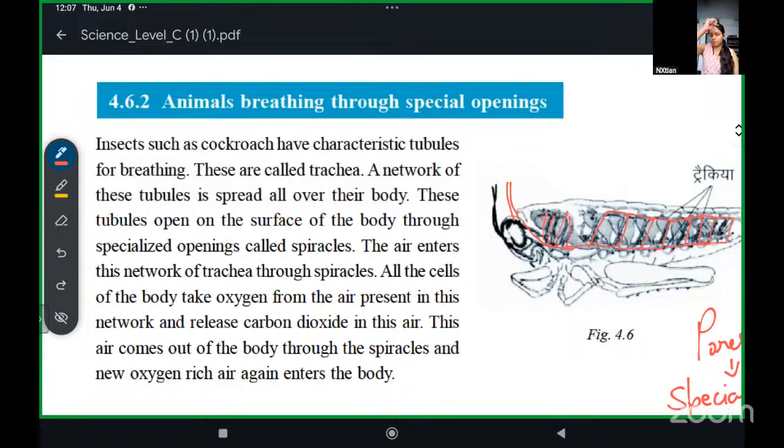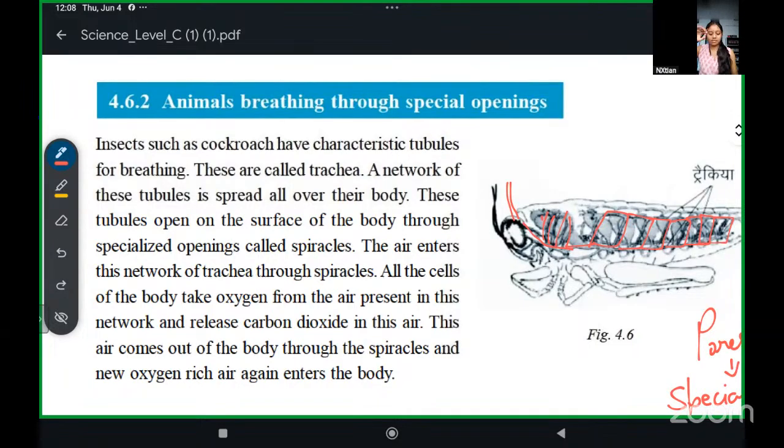From this opening, the oxygen enters, and the trachea, meaning the windpipe, is spread all inside their body. Through this, the oxygen is spread.